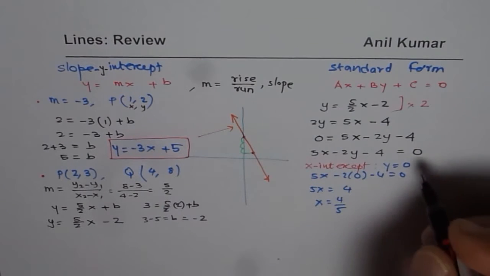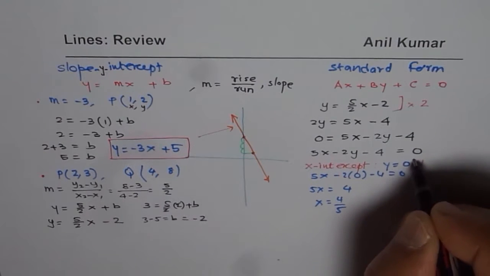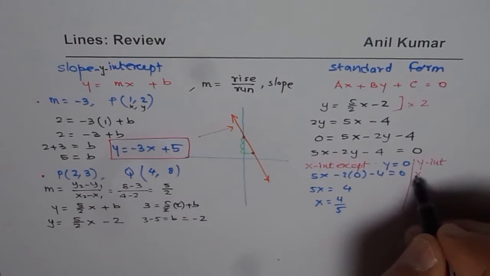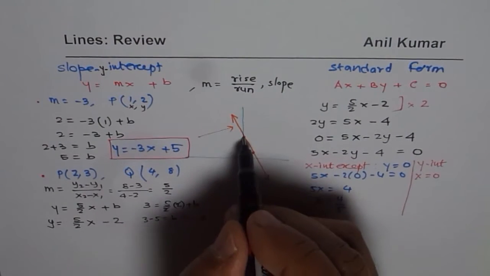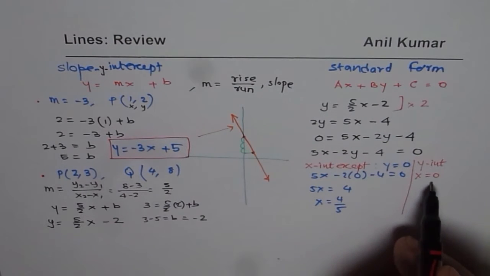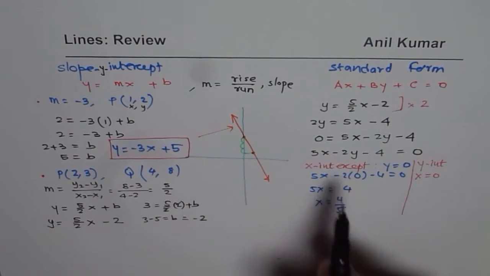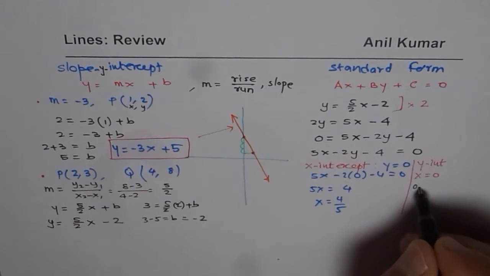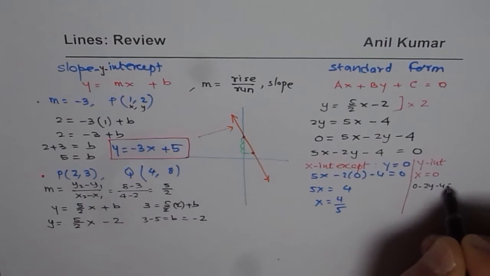Now, to find the y-intercept, what should you do? Y-intercept is when x equals 0, right? Substitute x equals 0 here. In that case, what do we get? 0 minus 2y minus 4 equals 0.